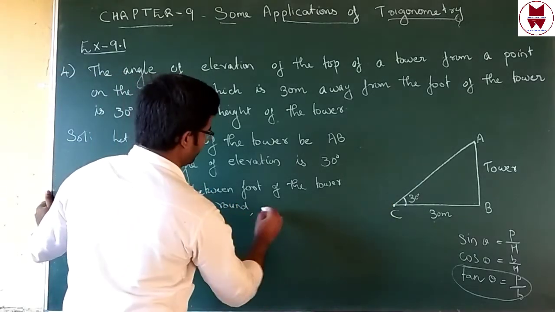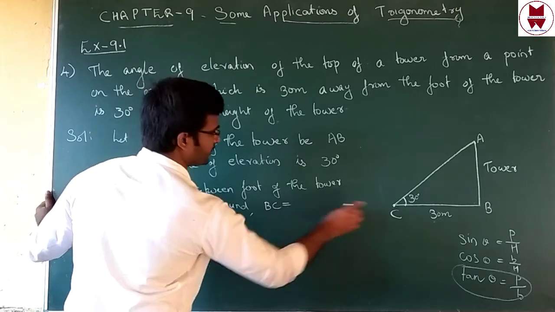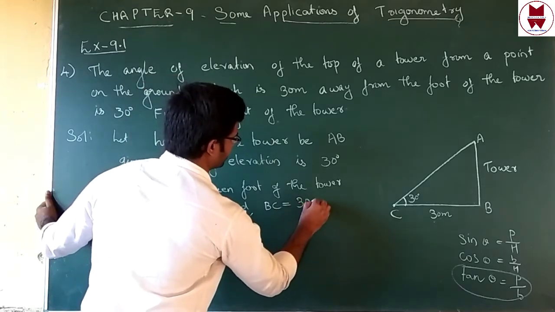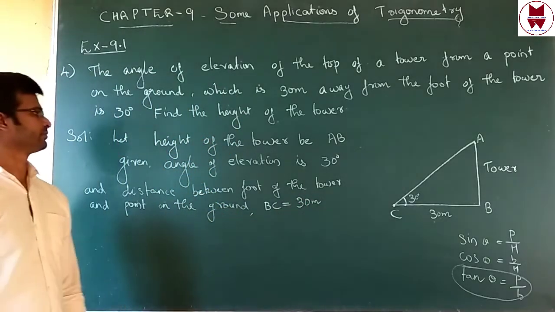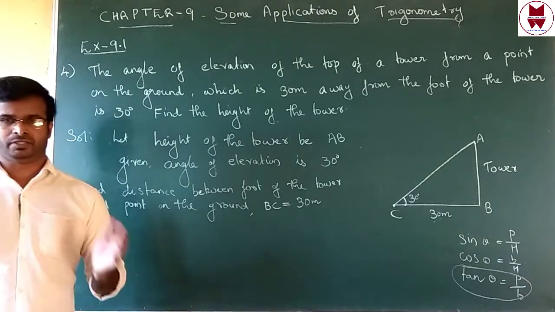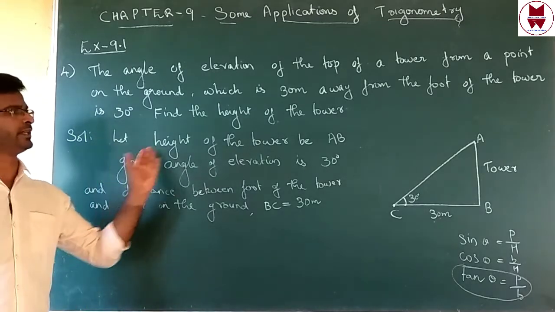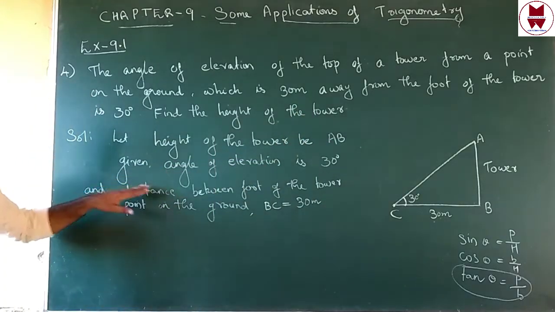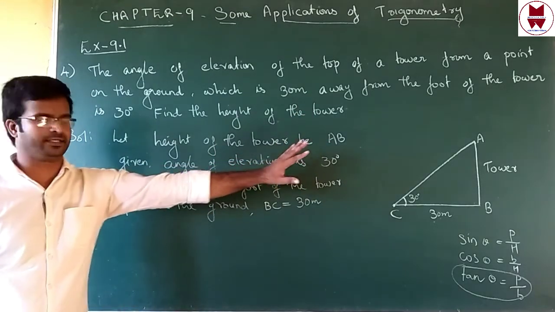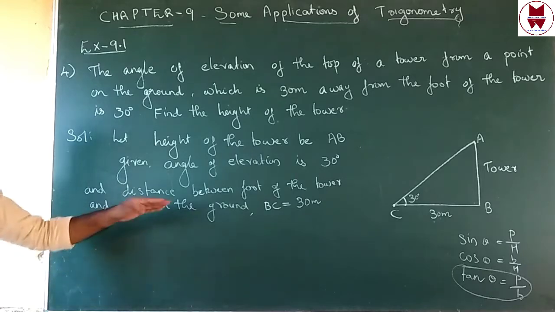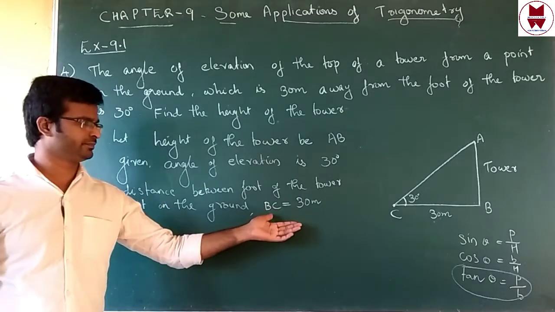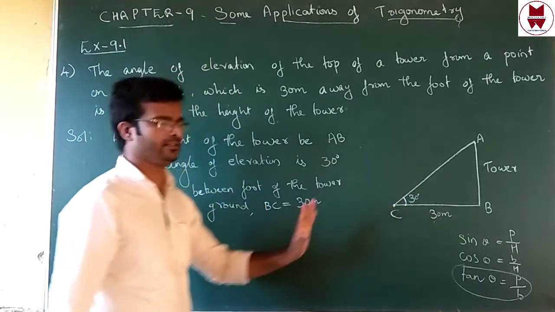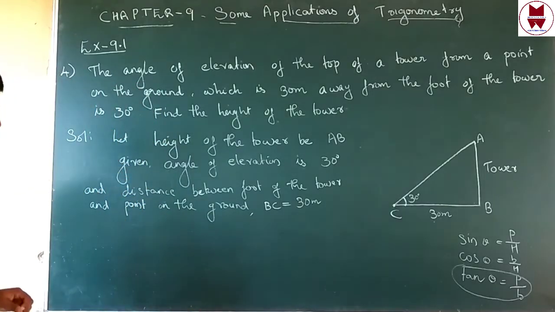That is BC in this figure, BC equal to 30 meter. What we have to find out, we can take, let height of the tower will be AB, that we have to find out. Then this angle of elevation is already given, 30 degree, and the distance between foot of the tower and point on the ground, this BC, already given, we can write that too.